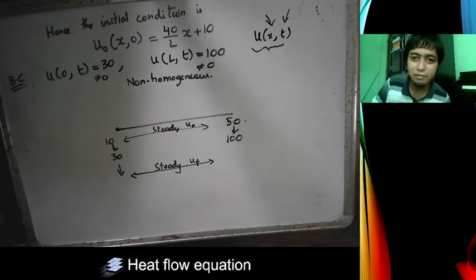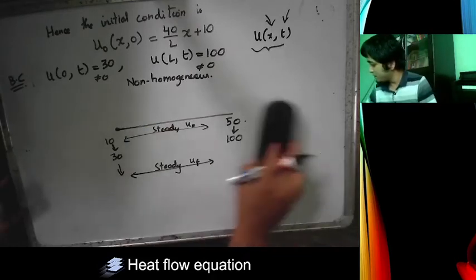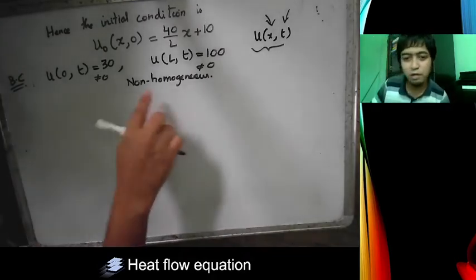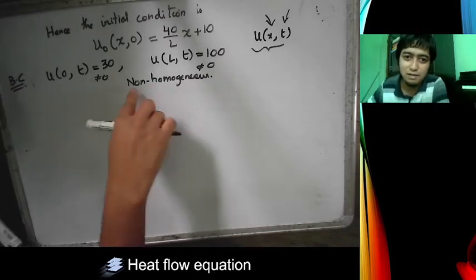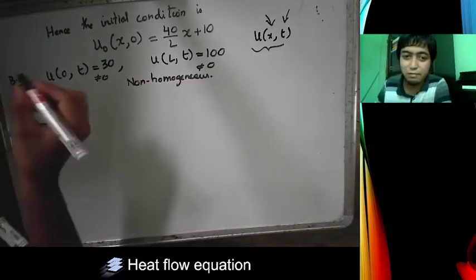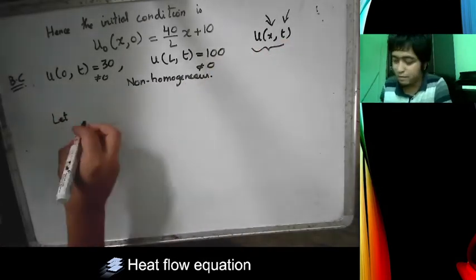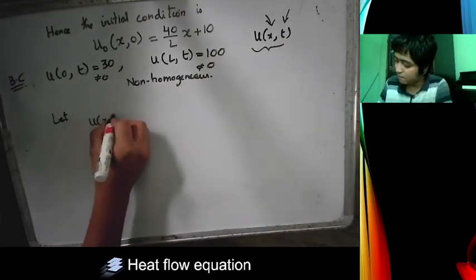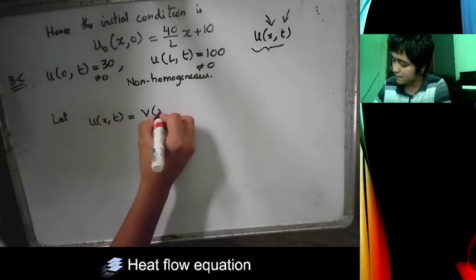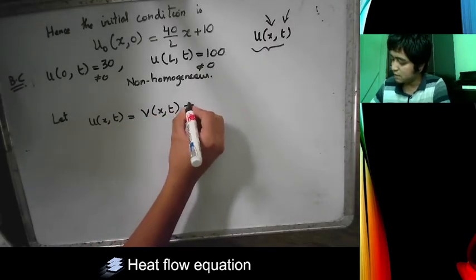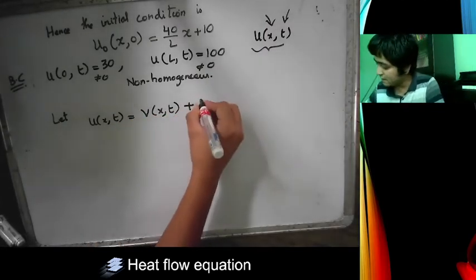In fact, to achieve the solution for non-homogeneous boundary conditions, we will write it like this. We want to find u(x,t), so let u(x,t) equal v(x,t) plus the final steady state.